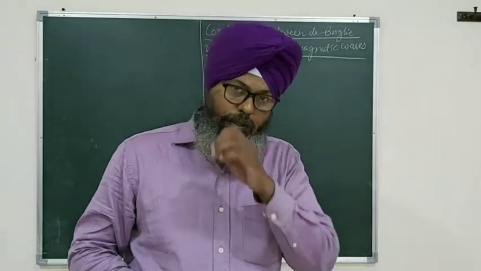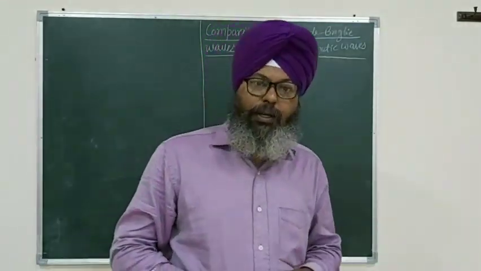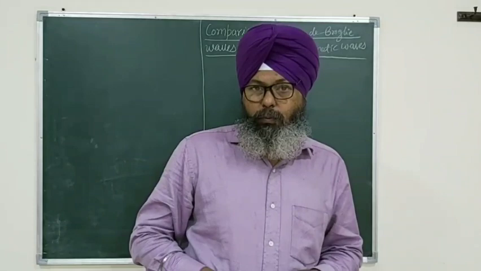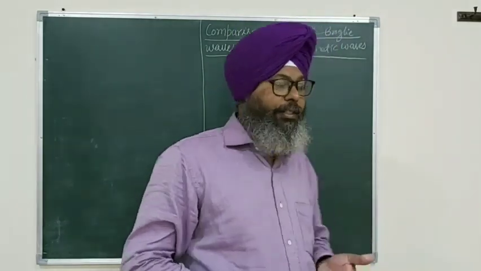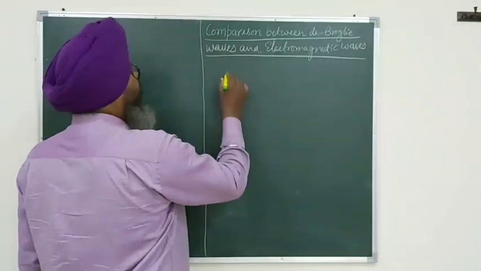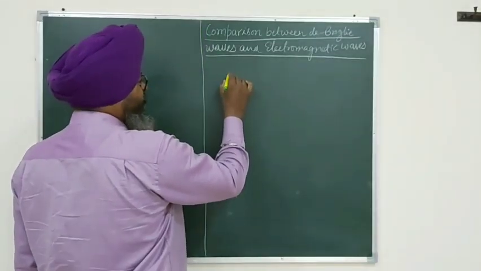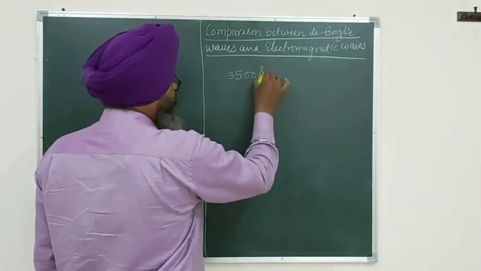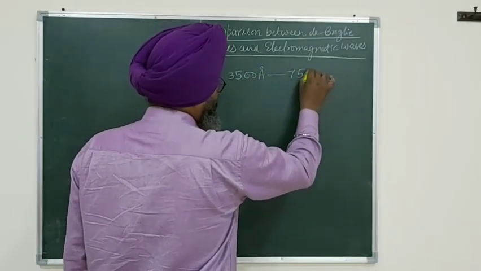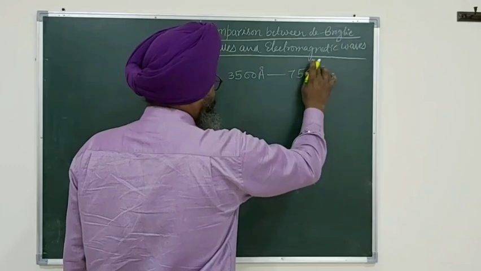The visible region is defined as that region of the electromagnetic spectrum which can be sensed by the human eye, and that region has a wavelength range starting from 3500 angstrom to 7500 angstrom.